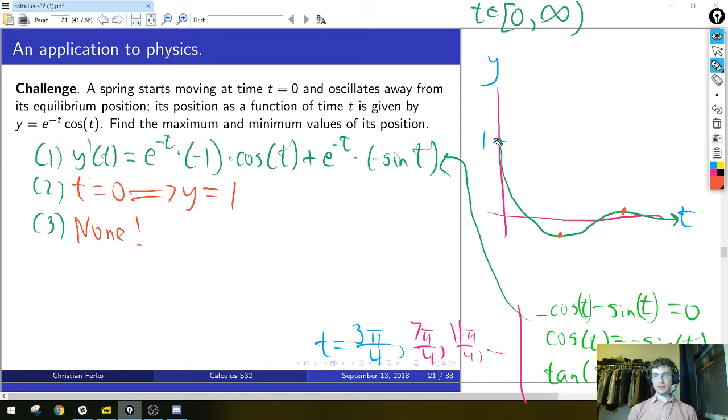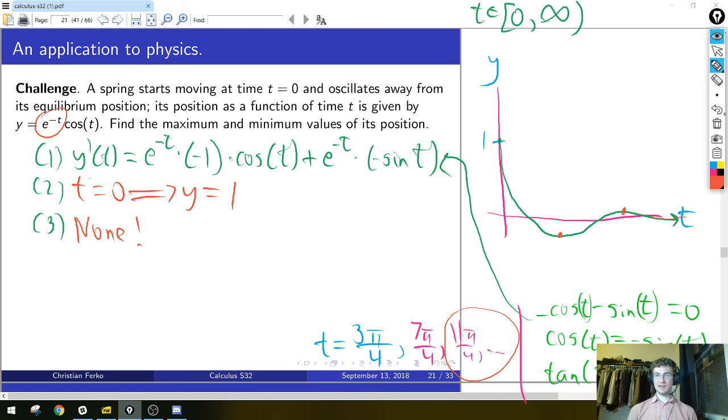Okay. Alright, so now all we have to do is ask the question, among all of these points, either the points where time is one of these strange fractions involving pi, or where time equals 0 and y equals 1, can you see, either intuitively or just by plugging these numbers into the function, that e to the power minus t gets very small as the minus t, the power, gets larger and larger?